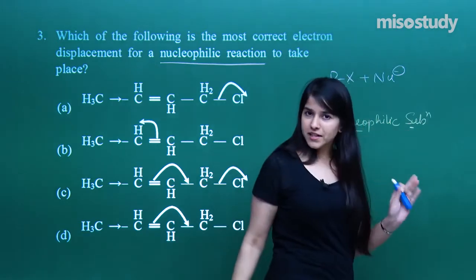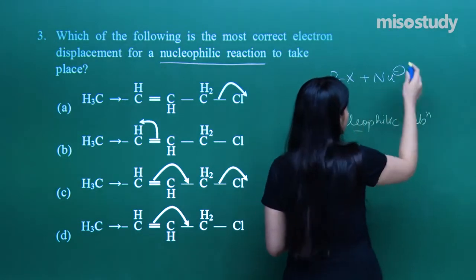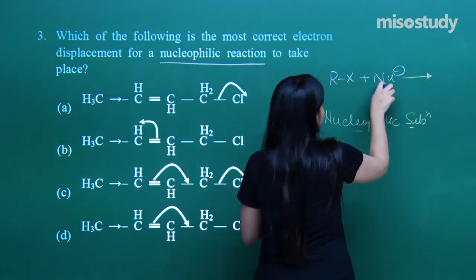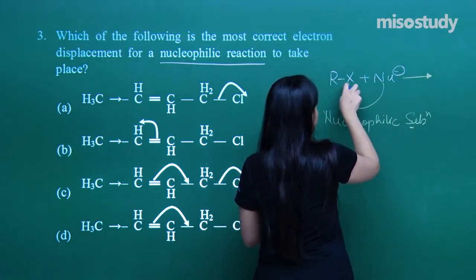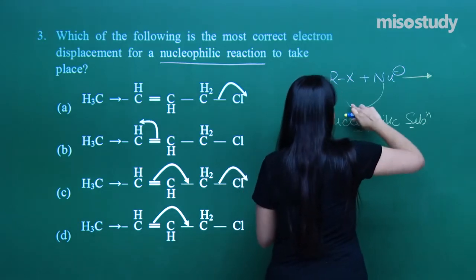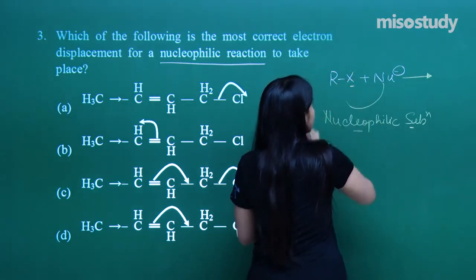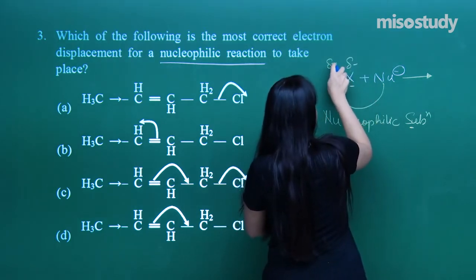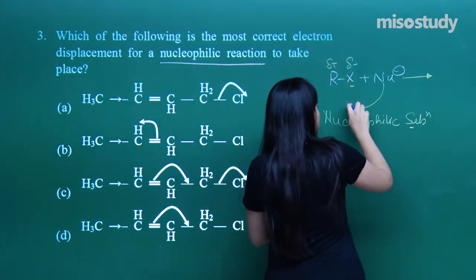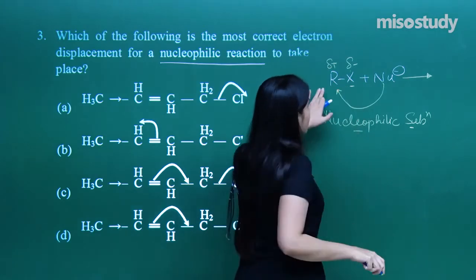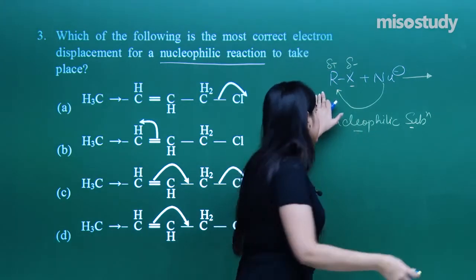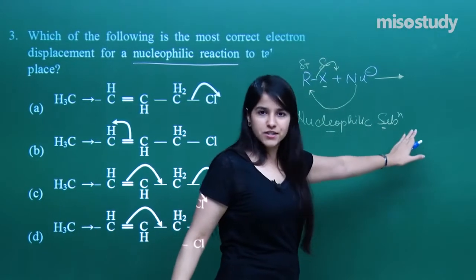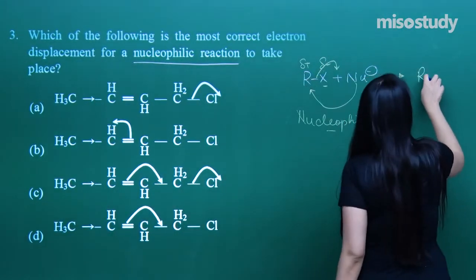So we all have got an idea about it. Now how does the reaction take place? The nucleophile attacks where? This is an electronegative group, with delta negative charge over it, and there is a delta positive on the carbon. So the nucleophile is definitely going to attack on the RX, and X then goes off. That is how the reaction is taking place, and we get RNu.